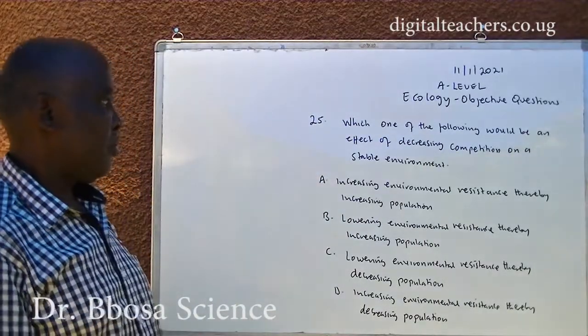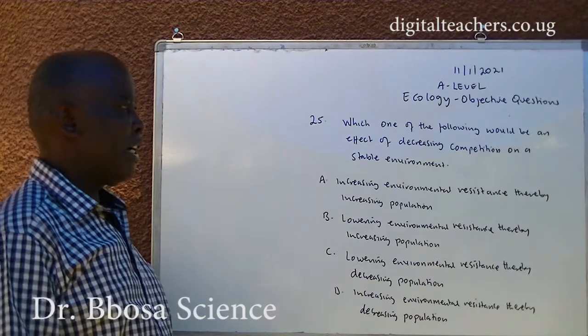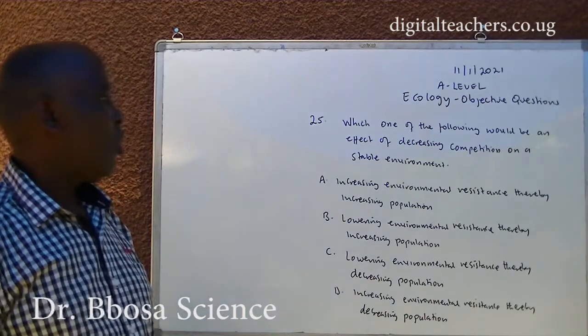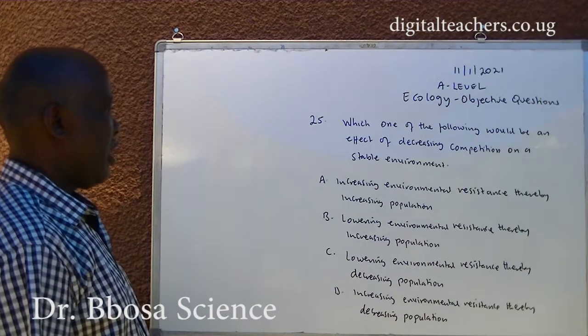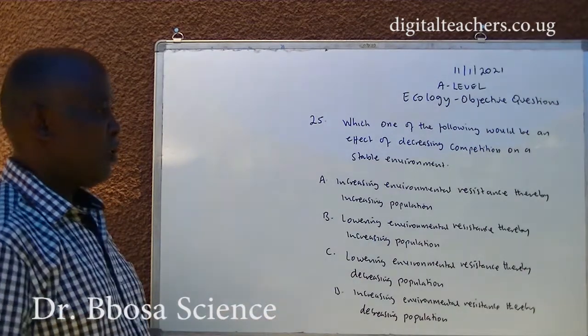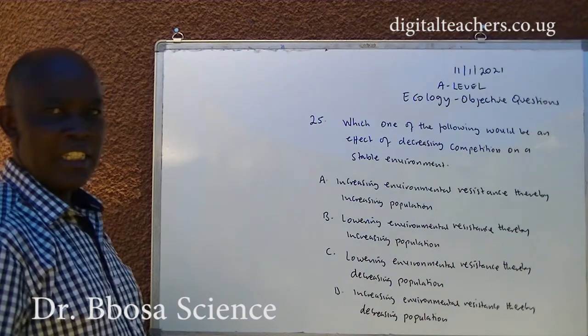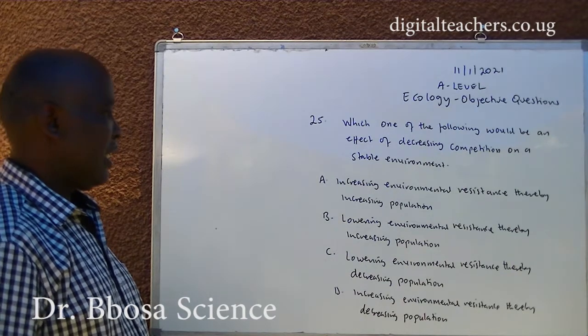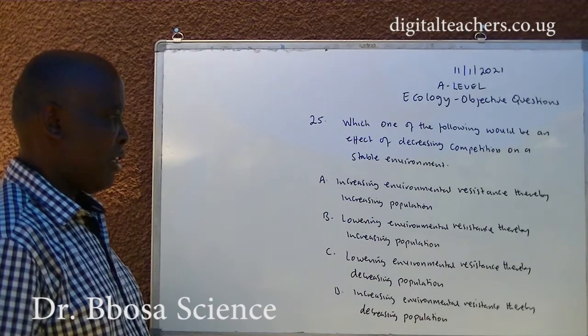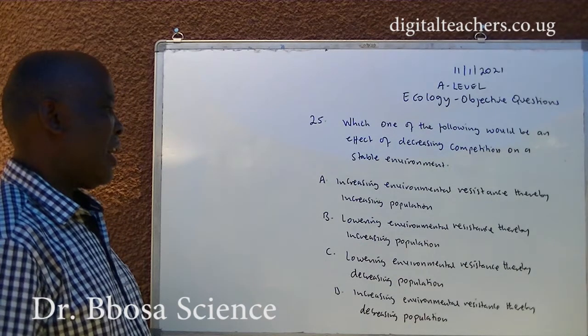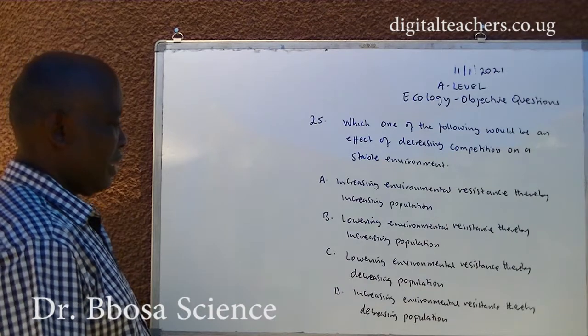Number 25. Which one of the following would be an effect of decreasing competition on stable environment? A. Increasing environmental resistance, thereby increasing population. B. Lowering environmental resistance, thereby increasing population.